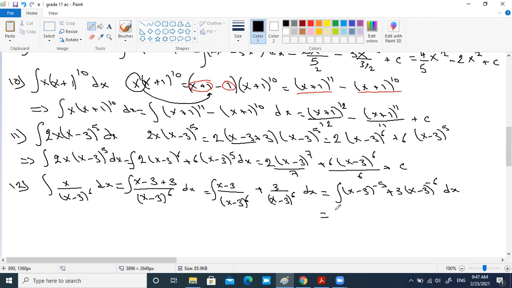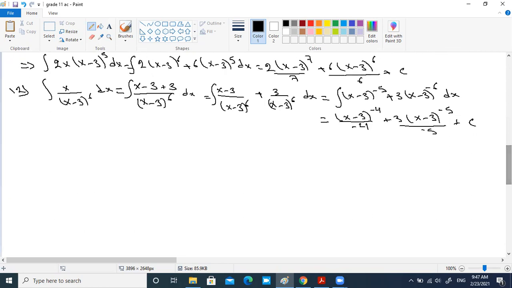So you get x minus 3 to the power negative 4 over negative 4, and here plus 3 x minus 3 to the power of negative 5 over negative 5 plus constant. Of course, you can simplify negative exponent in the denominator, so you get negative 1 over 4 x minus 3 to the power 4, and here minus 3 over 5 x minus 3 to the power 5 plus constant c.